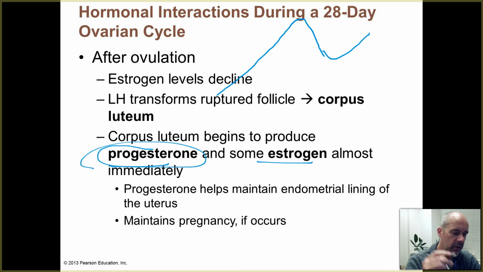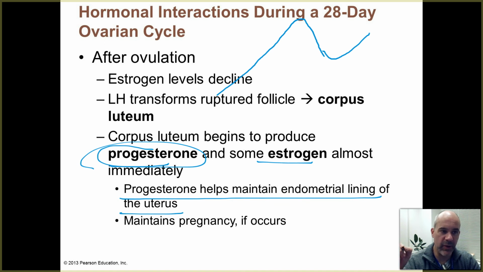Progesterone is a very important hormone of the corpus luteum, and again, because that's going to help maintain the endometrial lining of the uterus. So progesterone does some other things as well, but it suppresses uterine contractions.